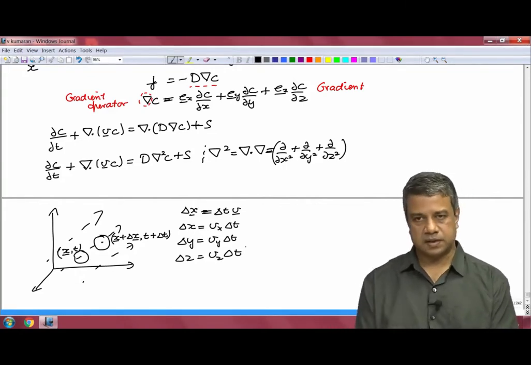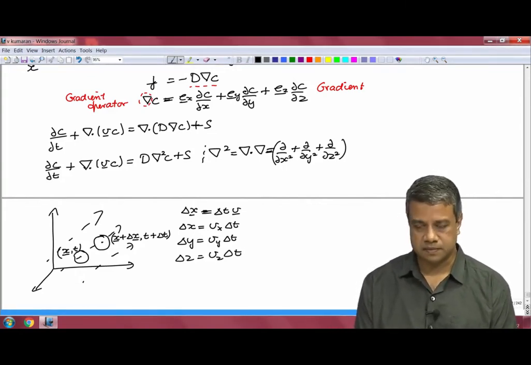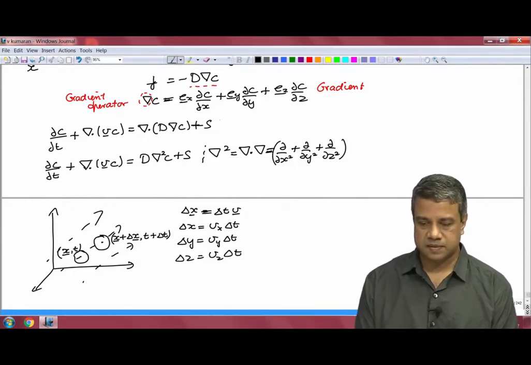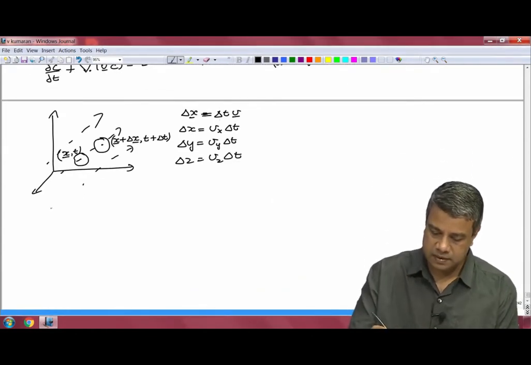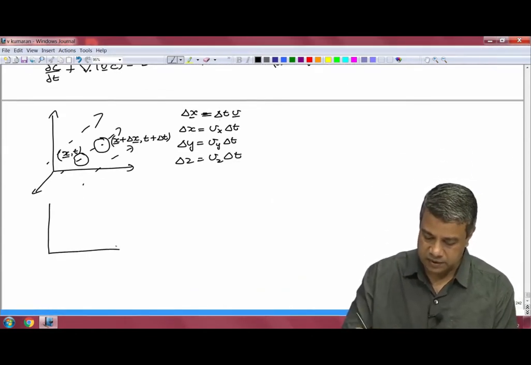These are the components, okay, of the displacement vector. Okay. The substantial derivative is defined as the derivative in a reference frame that is moving with the velocity.